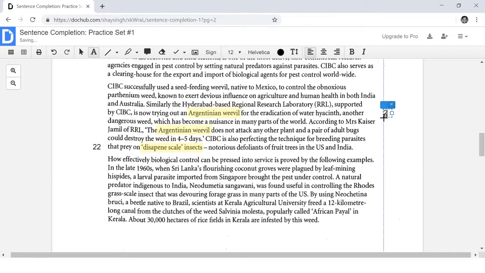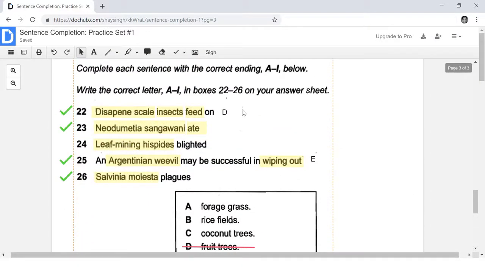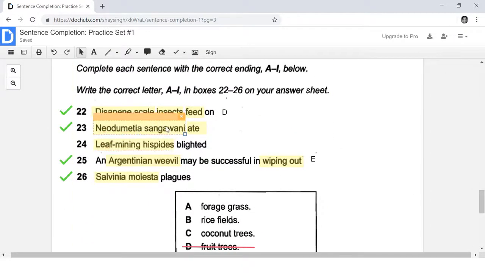Right over here, I found the answer to question number 25. All right, now let's see what other keywords we can look for. Let's do this one next, Neodumetia sangawani, and then we can do Salvinia. These are proper nouns, so let's start there.